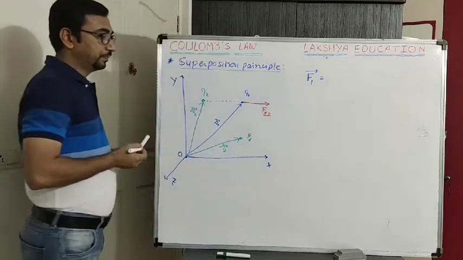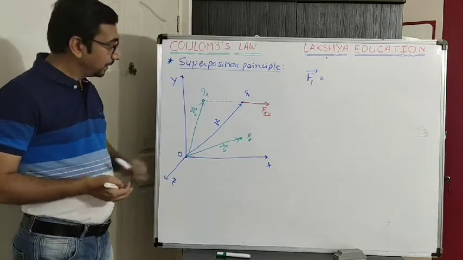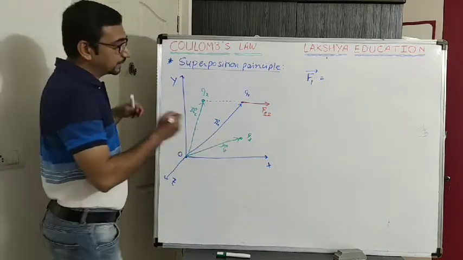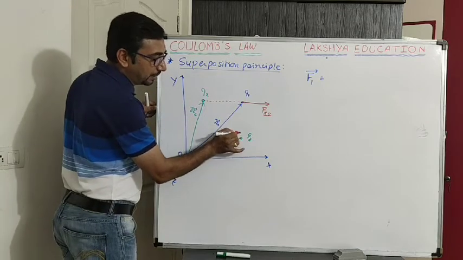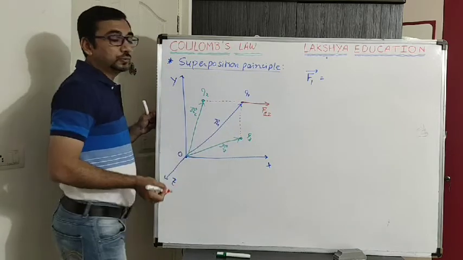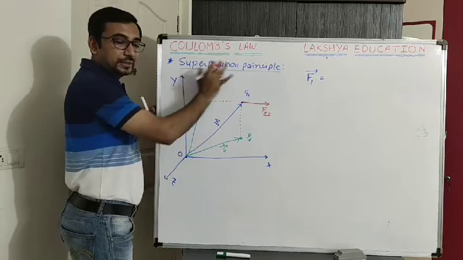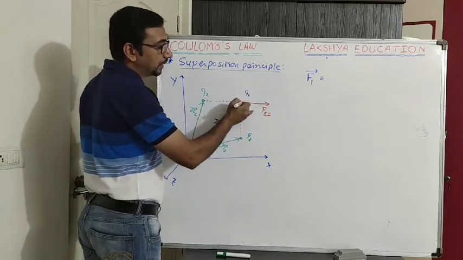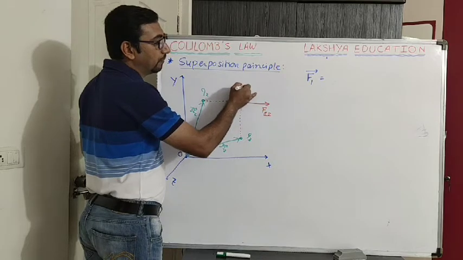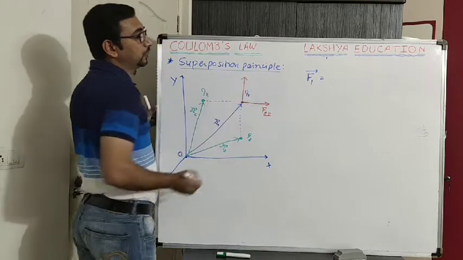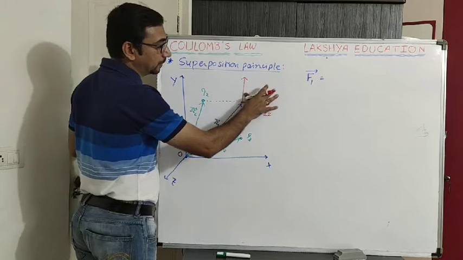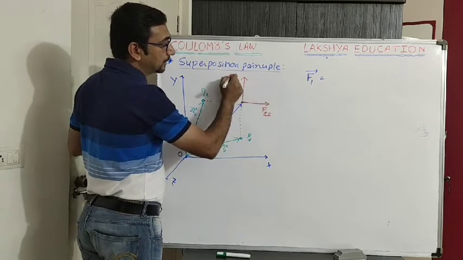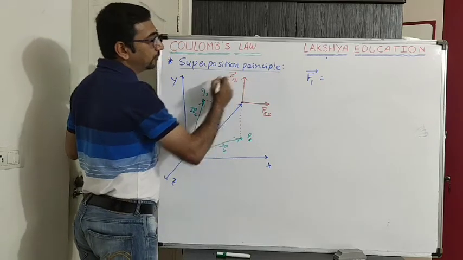So this is F12. Similarly, the third charge is also exerting force, along the line joining these two charges. Right now we are considering all the charges positive. So the Q3 charge will repel the Q1 charge, and the Q1 charge will feel force due to Q3 in this direction. So this force is the F13 force.